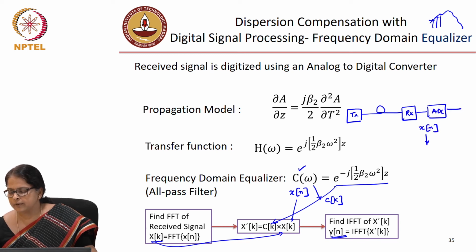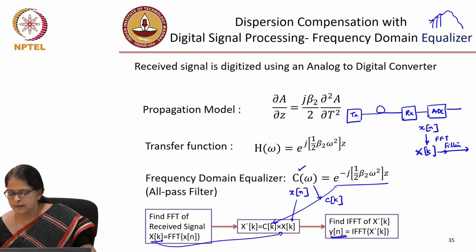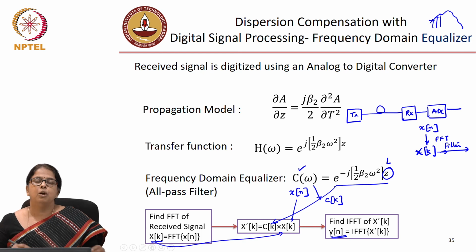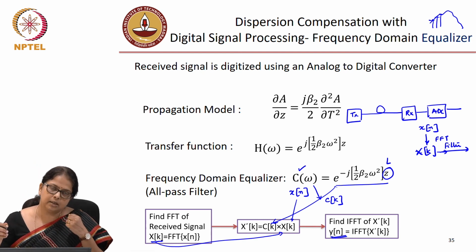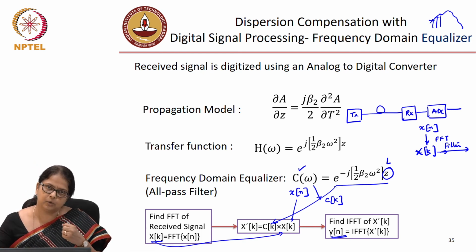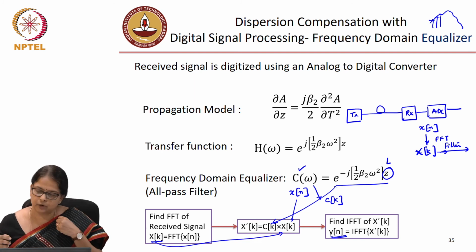Once you have your x of n, you calculate your x of k by doing a Fourier transform. Then you apply this all pass filter. Of course, while applying the all pass filter, you should know z, the length over which the signal has been transmitted. That will help you determine the phase accumulated.